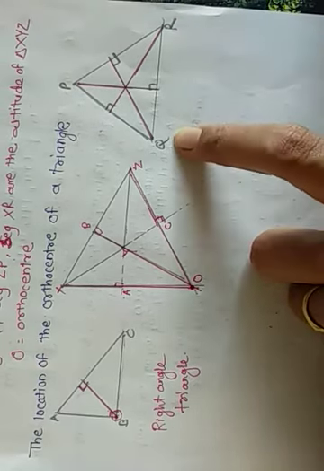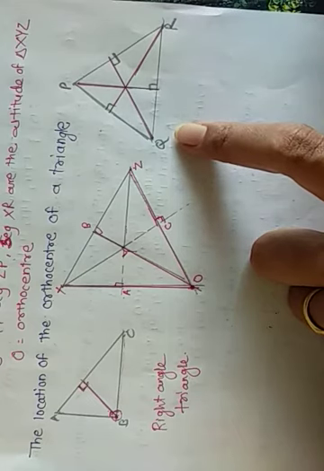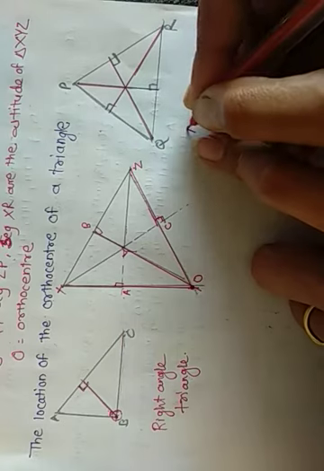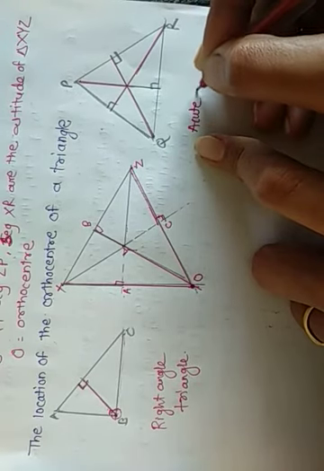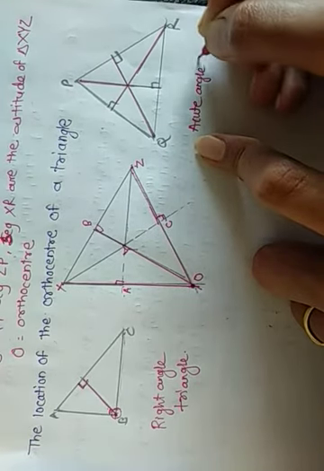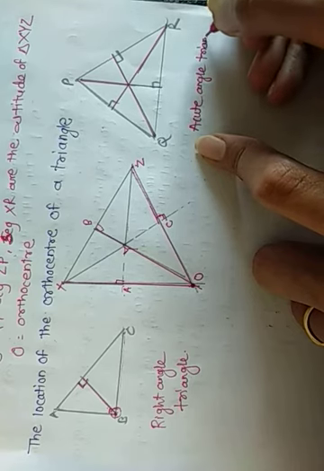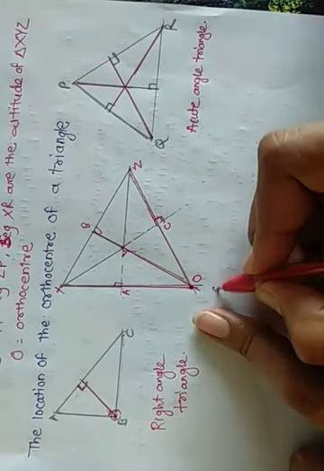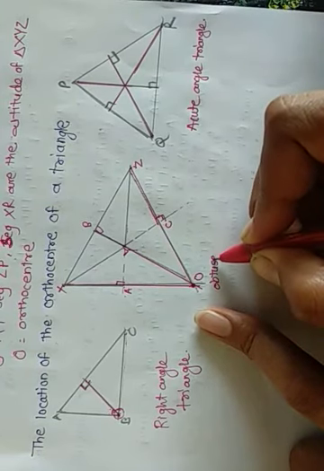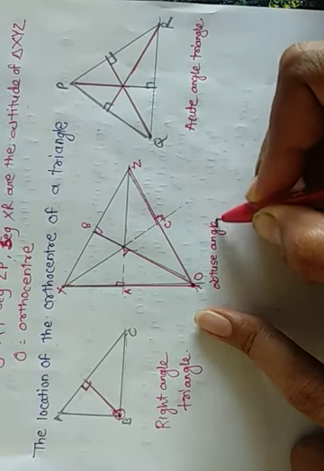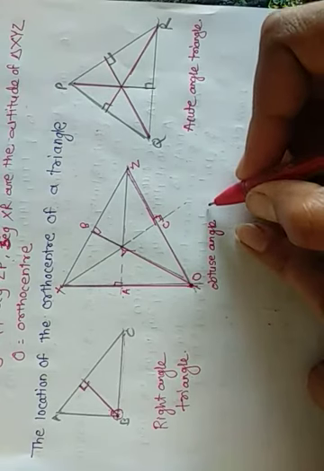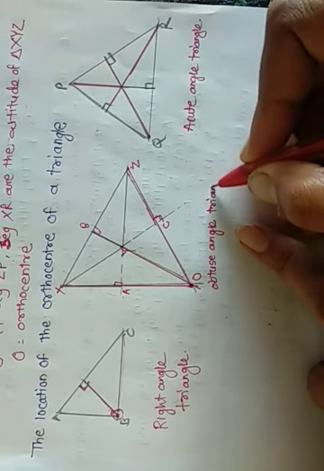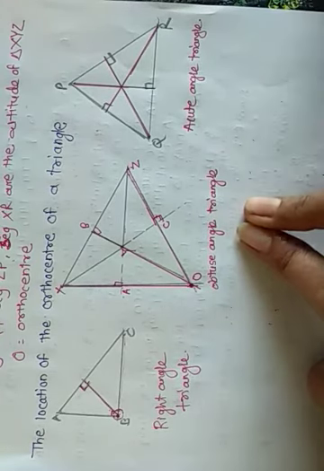Let's see the third figure, that is an acute angle triangle. Acute angle triangle means all angles are less than 90 degrees. Obtuse angle triangle means one angle is greater than 90 degrees.